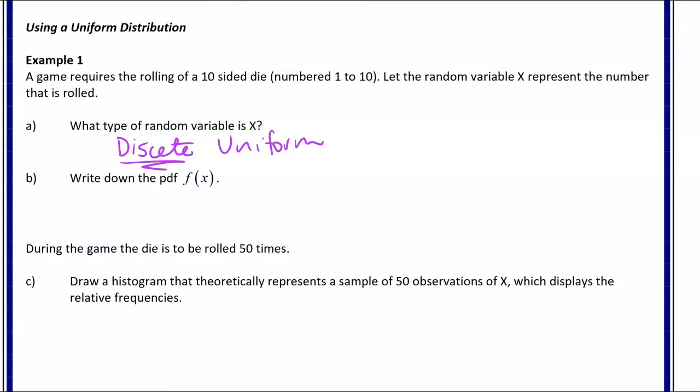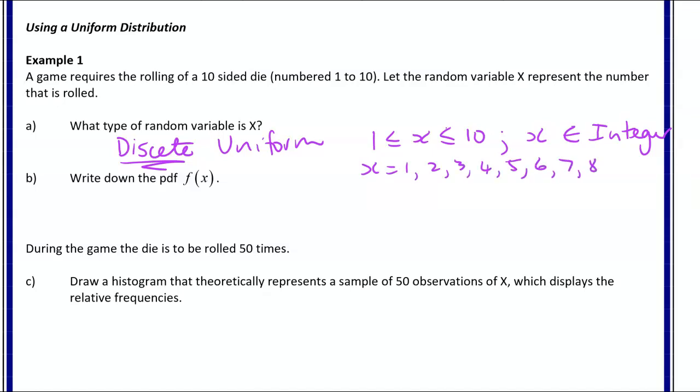So discrete uniform, and then you could say, I don't know, different ways of doing this. 1 to 10, where x is an element of the set of integers. Or you would have to say where x equals and list them all out. You can't just use that range and not specify that we're talking integers, because otherwise it looks like it is continuous. Exactly.